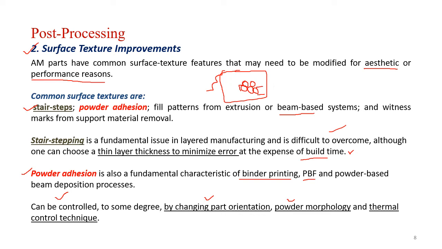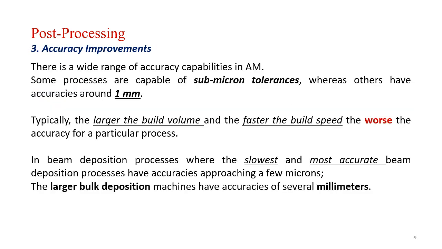And later we can have thermal techniques like subjecting these products to more than their setting temperature, then curing, so that it is going to adhere them properly. There we can remove the texture, means the witness marks can be removed. So this is what happens in the case of surface texture improvement.